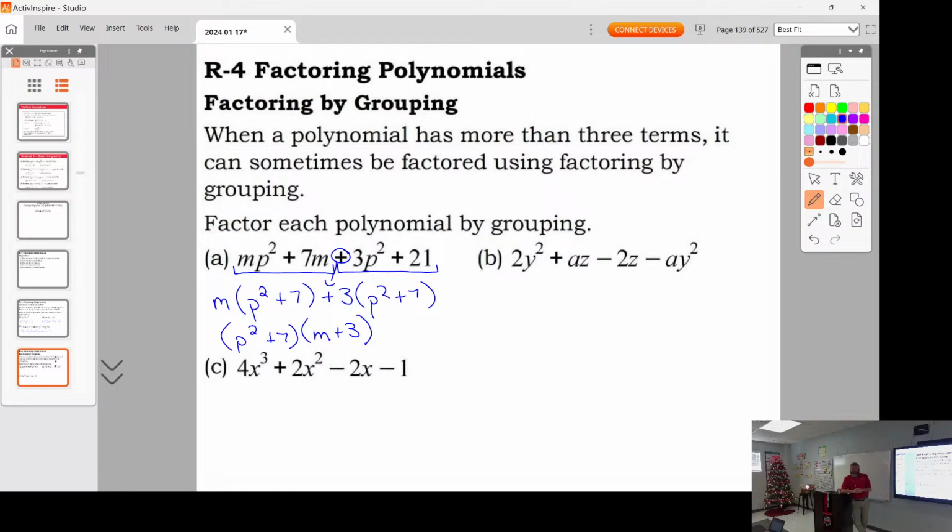Second 2 terms, anything in common? A -1. Okay. So can I factor it the way it's set up right now? No. Any suggestions on rearranging this?